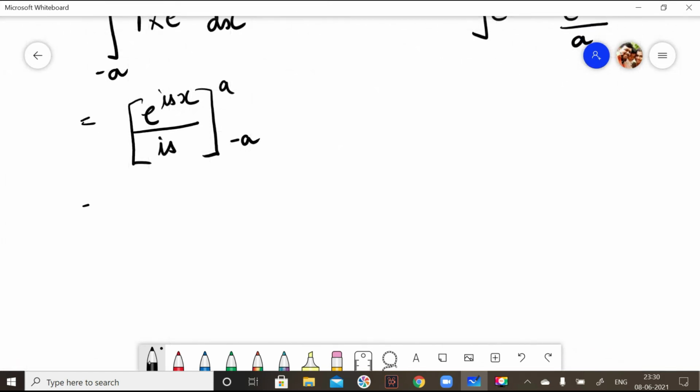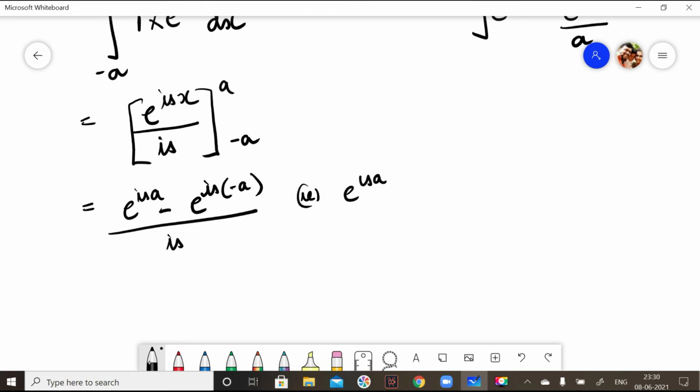Fine. So let me substitute the limit. e to the power isa minus e to the power minus isa, which is written as e to the power isa minus e to the power minus isa by is.